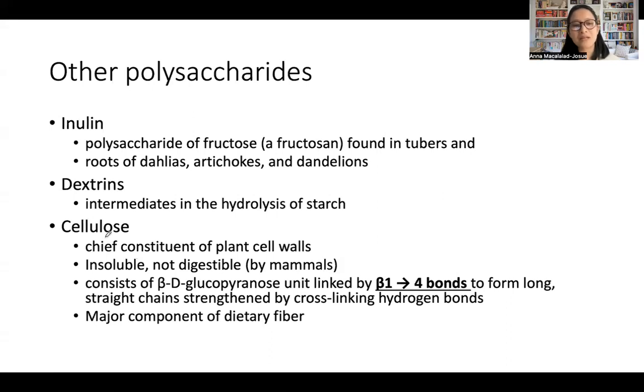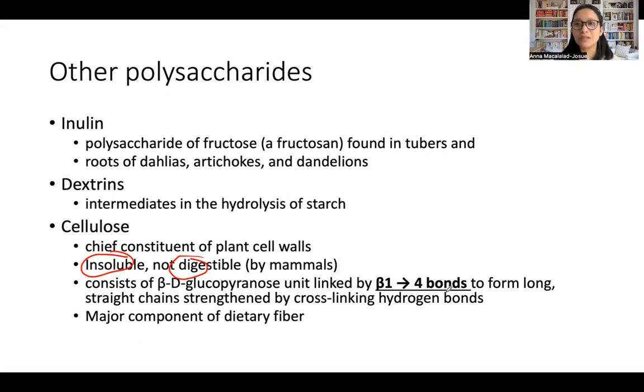Cellulose. This is a chief constituent of plant cell walls. The one that's important to remember here is it's insoluble and not digestible by mammals. Why? Because it consists of beta-D-glucopyranose units linked by beta-1,4 bonds.